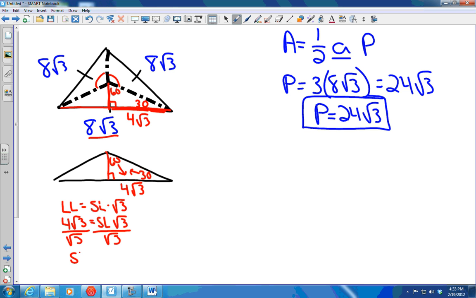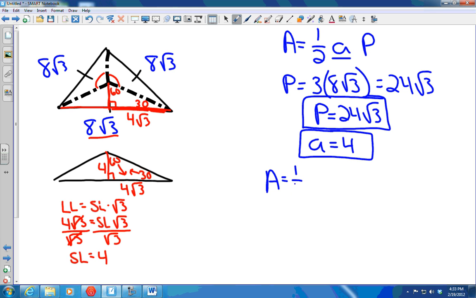And so the short leg equals, the square roots of 3 cancel, and I'm just left with 4. And the short leg in our case is the apothem. So now I know the apothem. It's 4. And I'm ready to calculate the area of this regular figure.